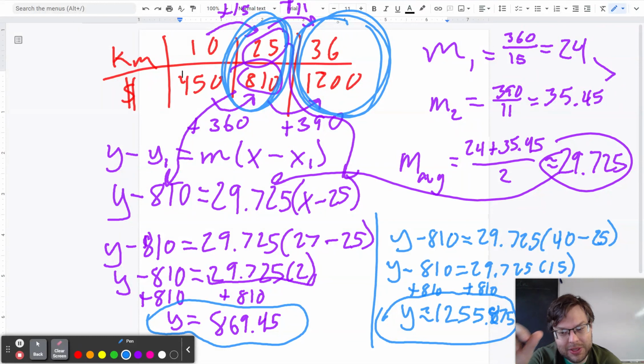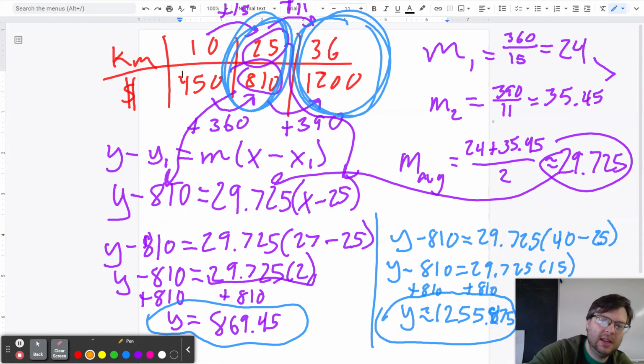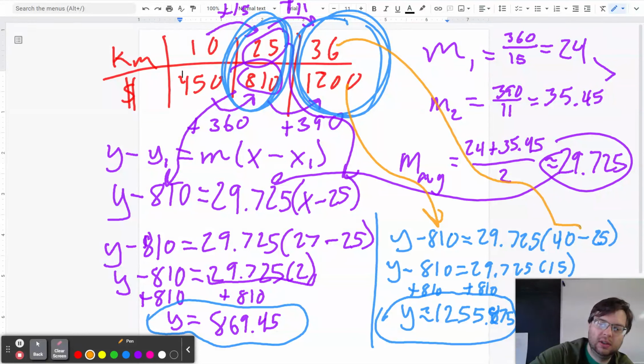And if I was to do this calculation again to get a better estimate, what I would do instead is drop 1200 right here and drop 36 right there instead of the 25, because then I'm kind of resetting my model based on the most recent piece of data.